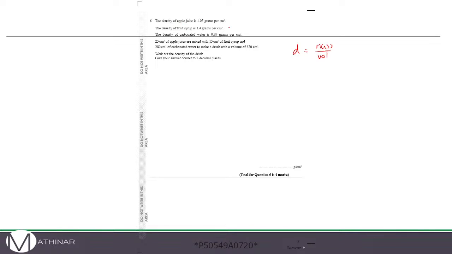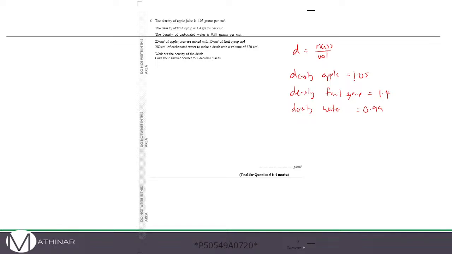So the density of apple juice is 1.05, the density of fruit syrup is 1.4, and the density of water or carbonated water, I'll just put water here, is 0.99.